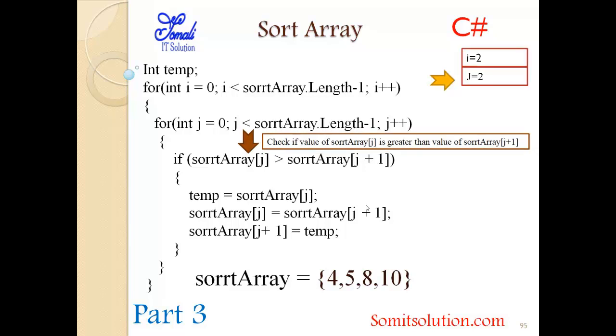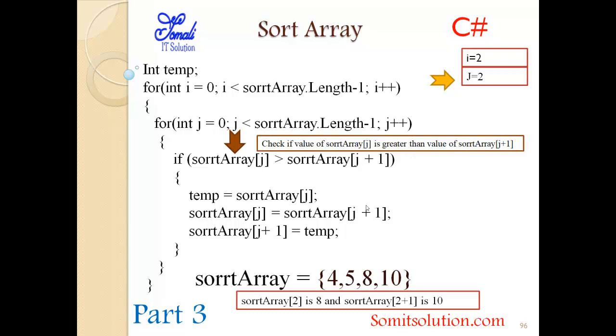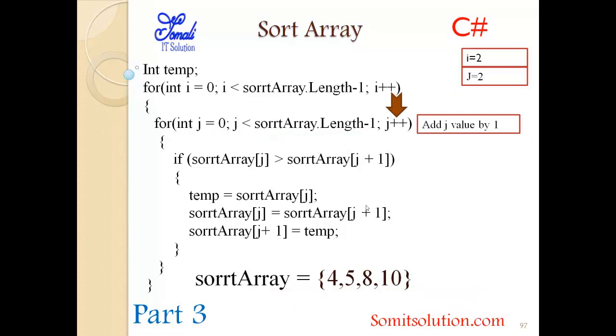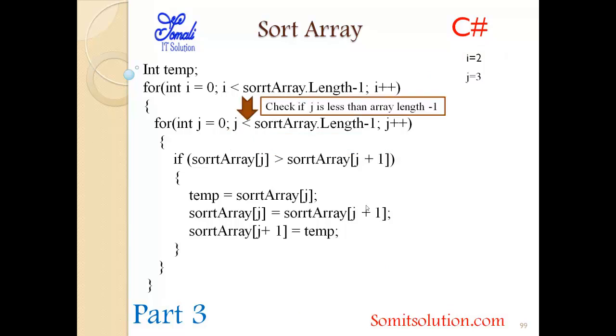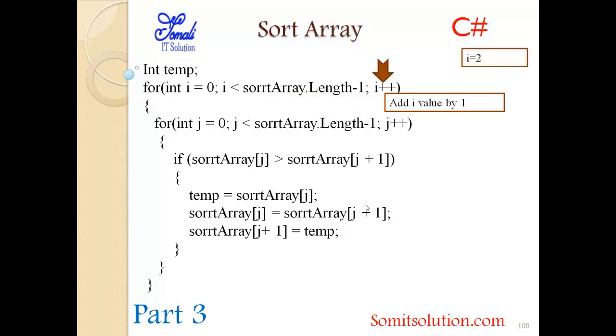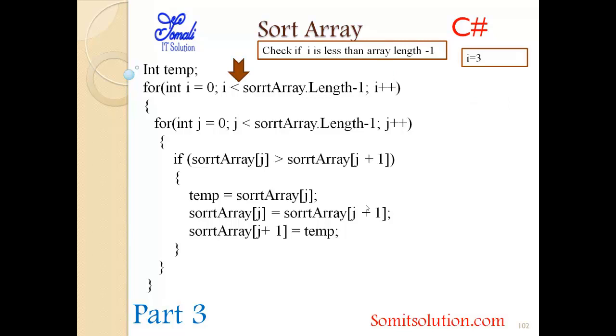So 8 is not greater than 10. Add j value by 1. Check if j is less than array length minus 1. Array length minus 1 is 3 and j is 3, so 3 is not less than 3. Add I value by 1. I value is 3 and array length minus 1 is 3. So 3 is not less than 3.